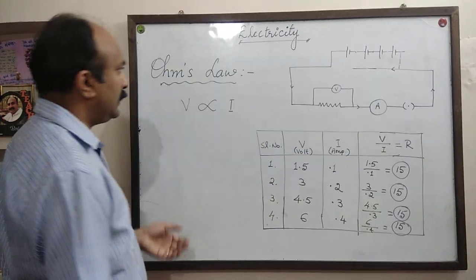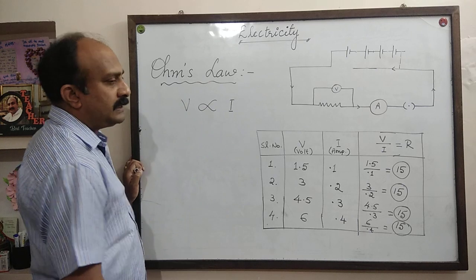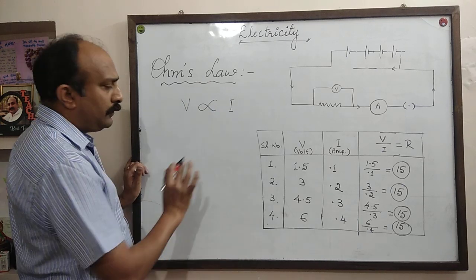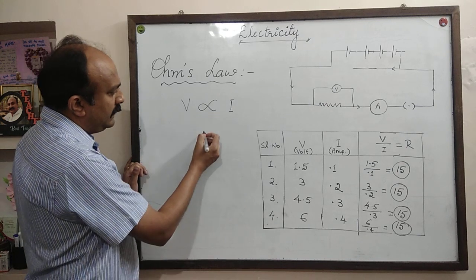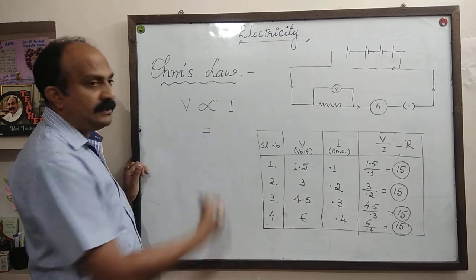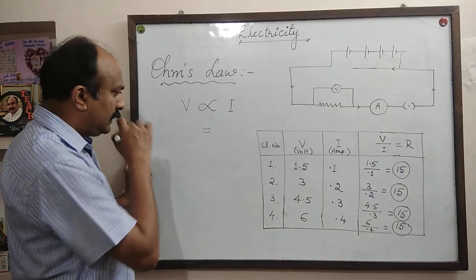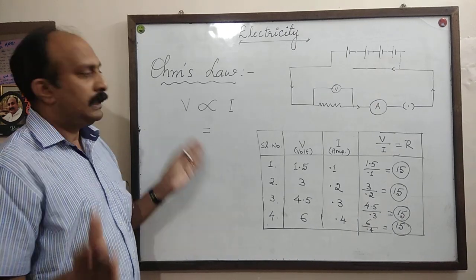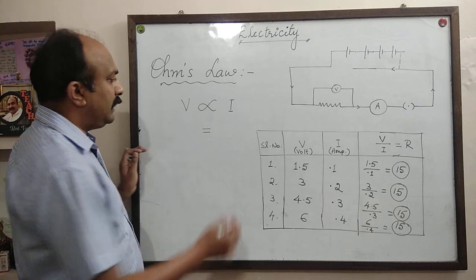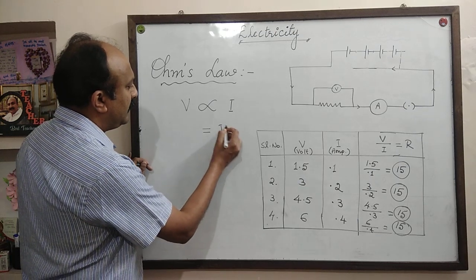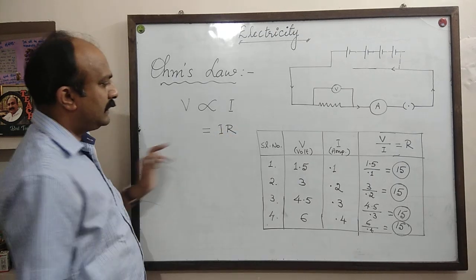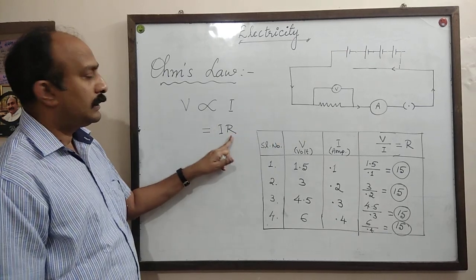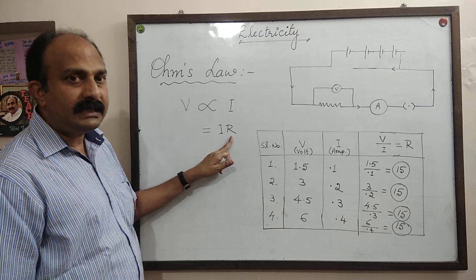Now I am continuing here. So Ohm's law states that V is directly proportional to I. We know that the proportionality sign can be replaced by an equal to sign by putting a constant of proportionality. The constant of proportionality that we are using here is capital R. This R is nothing but that R, called resistance.